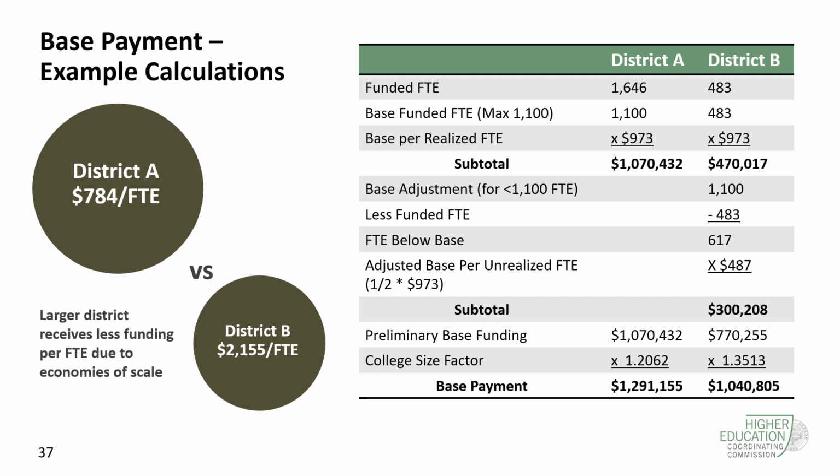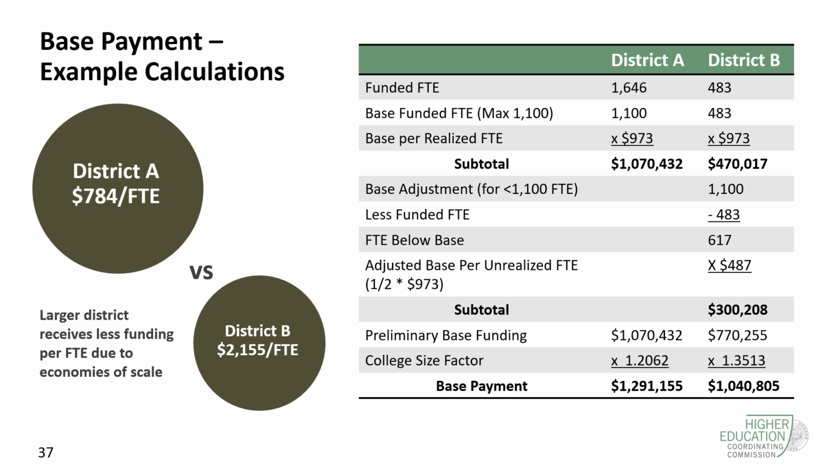And the fewer FTEs you have, the size factor grows. 1.1, 1.2, 1.3, it goes higher the lower your FTE count is. So in this case, District B, because they're so small, 483 students, they get a sizable college size factor, 1.35. So their base payment is 1.04 million.